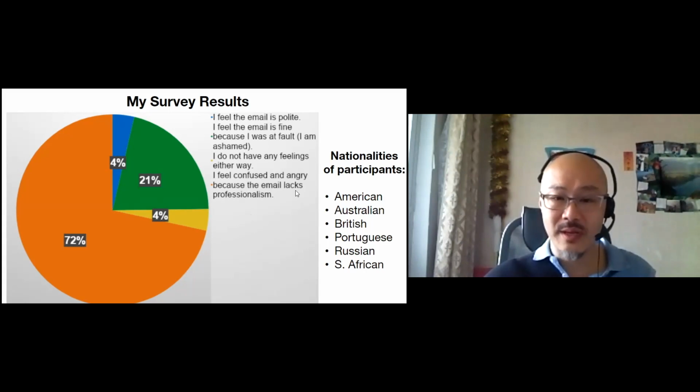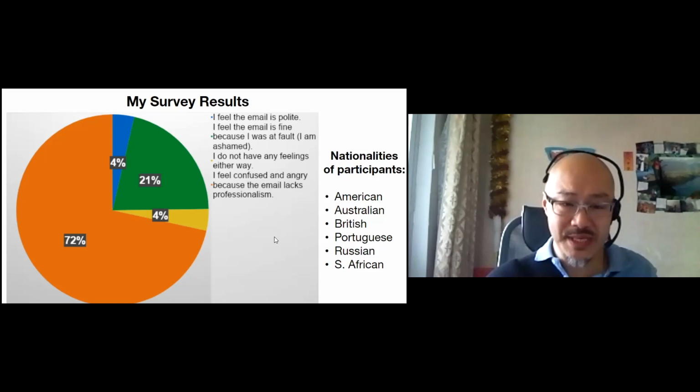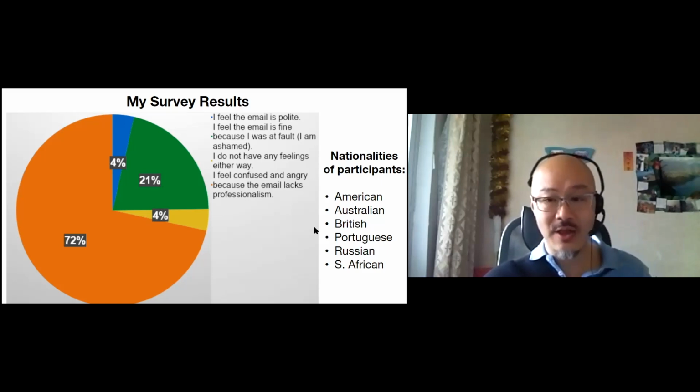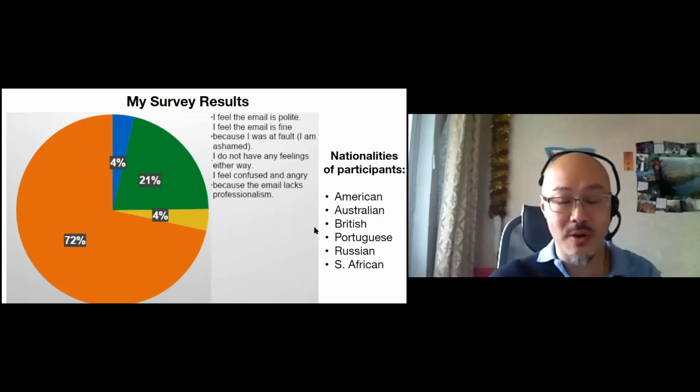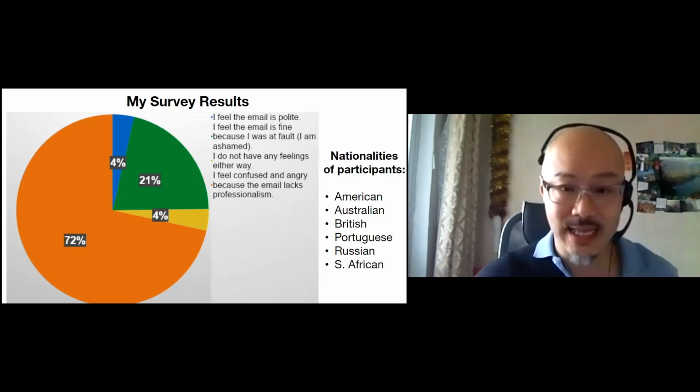Another 4% didn't feel anything either way, and a massive 72% pretty much felt the same way as most of you did. And on the right, you can see the respondents were American, Australian, British, Portuguese, Russian, and South African.